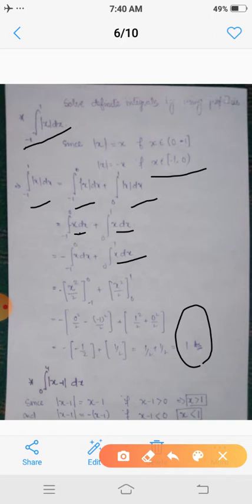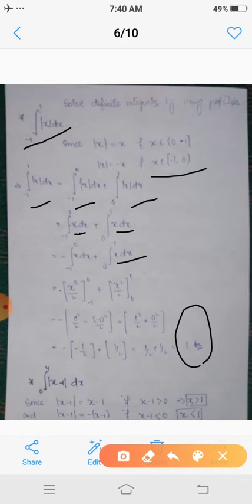Now similarly, if we have another modulus function, from 0 to 4 of mod x minus 1 dx. Mod x minus 1 is x minus 1 if x minus 1 is greater than 0, which implies that x is greater than 1. So when x is greater than 1, mod of x minus 1 is x minus 1.